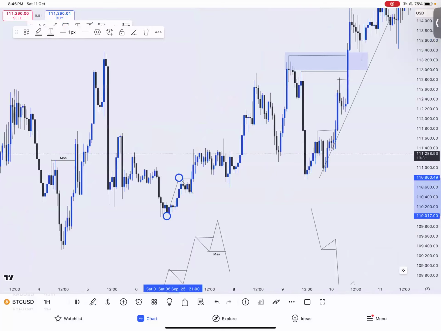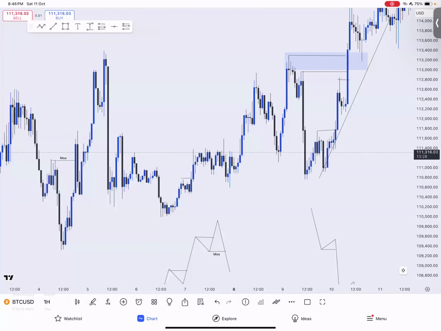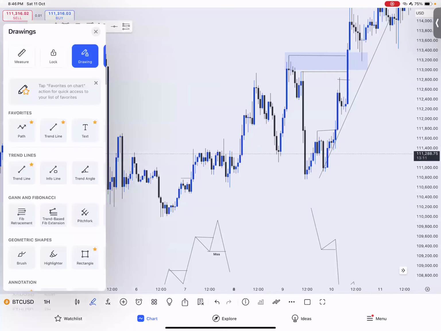Remember, I said break of structure, or more especially double break of structure, is only used in trading continuations. It means that it's only when market is already moving in one direction and you are looking to enter a trade in that same direction that you use double break of structures. So for example, market was already moving to the upside.